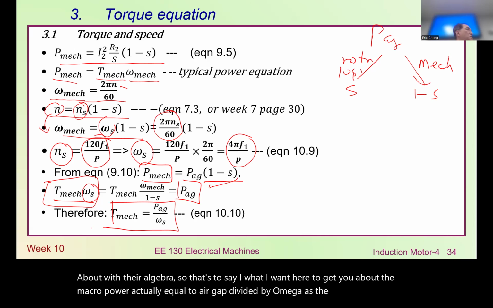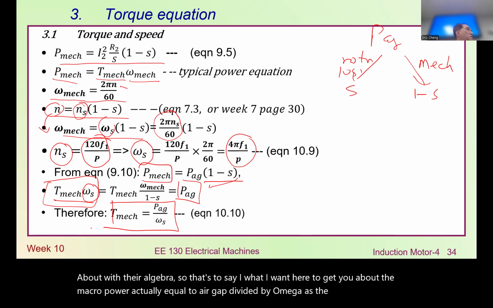But when we refer everything to the primary side, to the stator side, then we put a dash in here to represent that. So now I2 dash here from our T model is just simple Ohm's law. That means our input voltage V1 divided by all the impedance will be I2 dash, right?